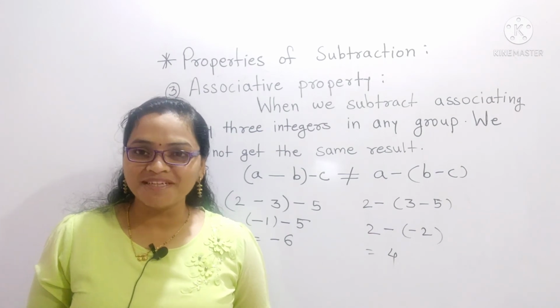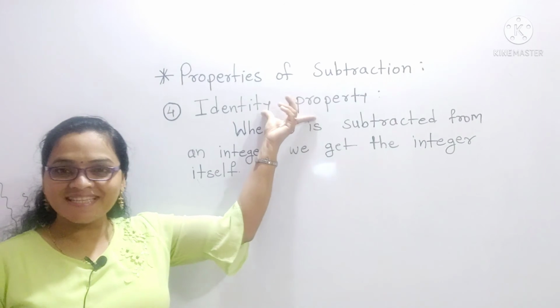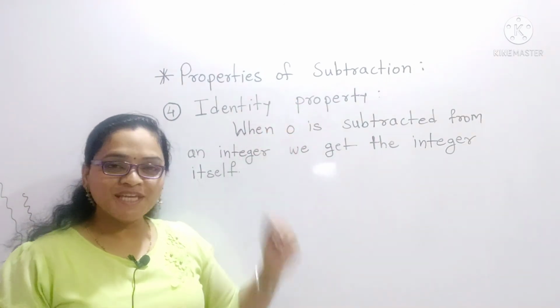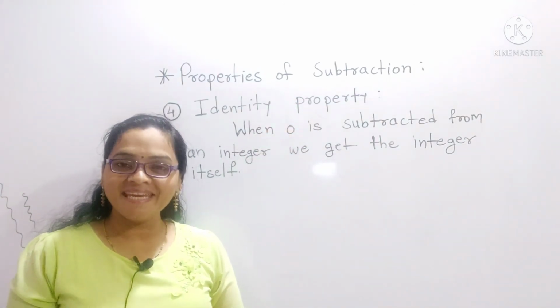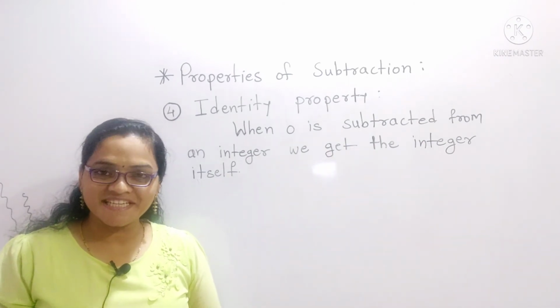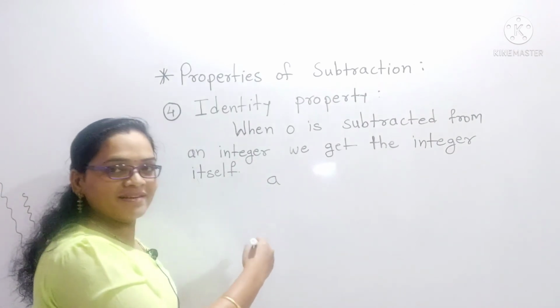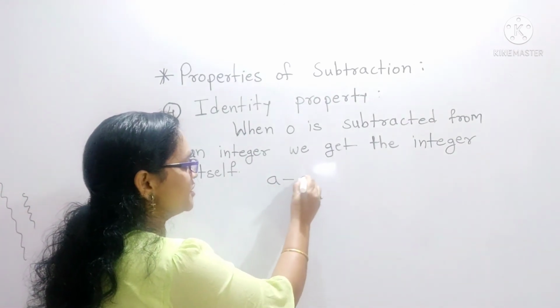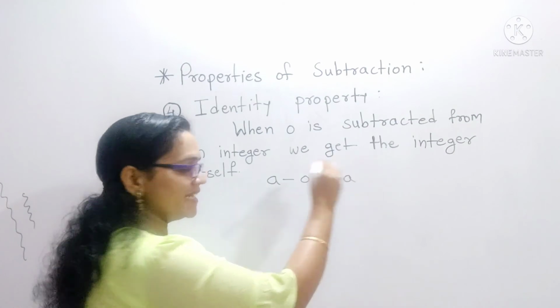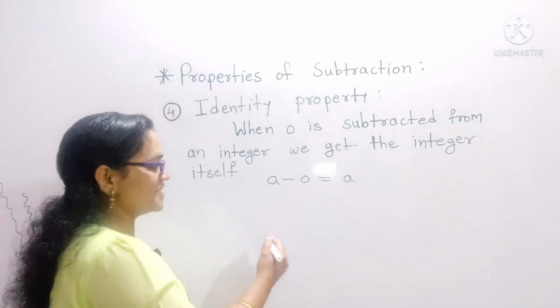Next, fourth property. See, the fourth property is identity property. What is the identity property? When 0 is subtracted from any integer, then the difference is that integer itself. Means what? Suppose a is any integer and we subtract 0 from it, then we get the difference that integer itself, means a itself.